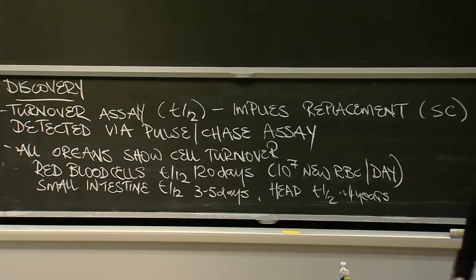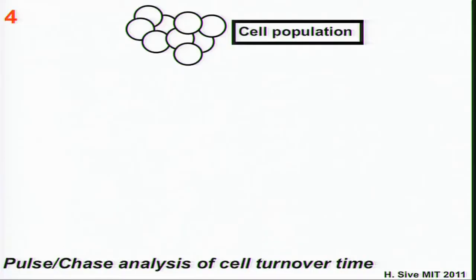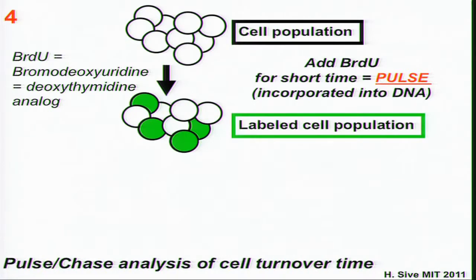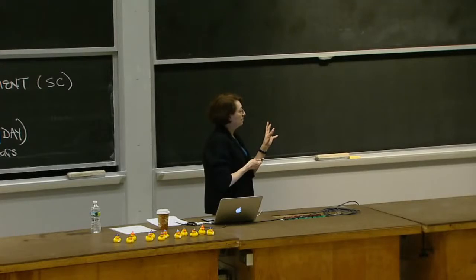If you look at your first handout, it diagrams a pulse chase assay where a cell population is labeled with a nucleotide analog. It's a normal nucleotide, but it's got a bromine added to it, and it acts like deoxythymidine and gets incorporated into DNA. You give just a short pulse of this nucleotide analog, so only some of the cells get labeled, and you only give it for a short time.